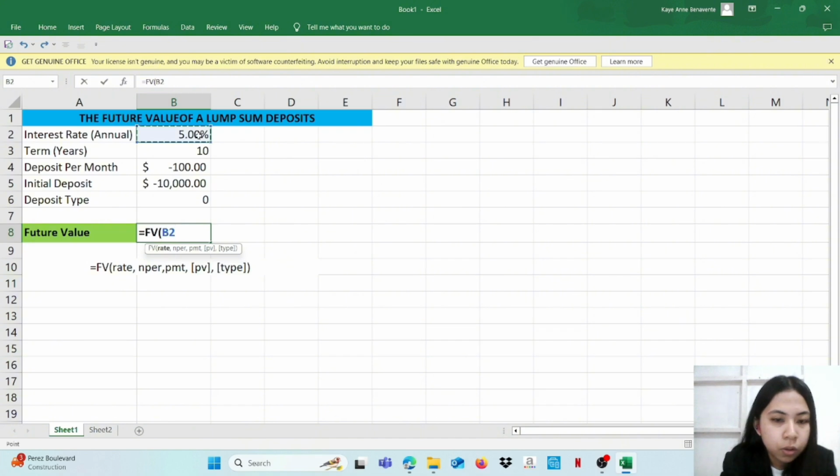So, we're going to divide it by 12. Then, next is the number of periods. The investment lasts for 10 years, and since interest is calculated monthly, we will convert it to months. So, we're going to multiply it by 12.